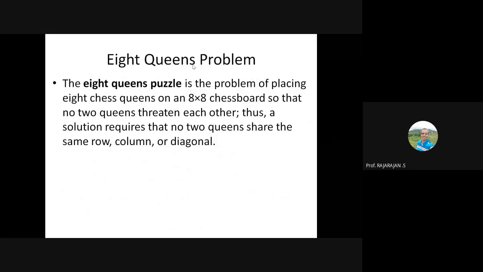Now, what is the 8 tunes problem? You are given a chessboard of 8 by 8, so 8 rows and 8 columns are there in that board. Your task is to place 8 tunes on the board such that no tune is in an attacking position to another tune.